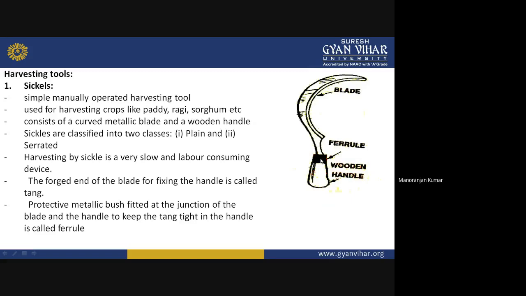At this point, the metallic bush is provided to keep the tang tight in the handle, and this metallic bush is known as the ferrule. Okay, so these are some parts of the sickle.